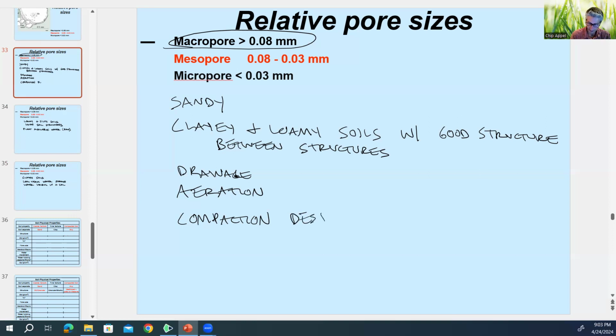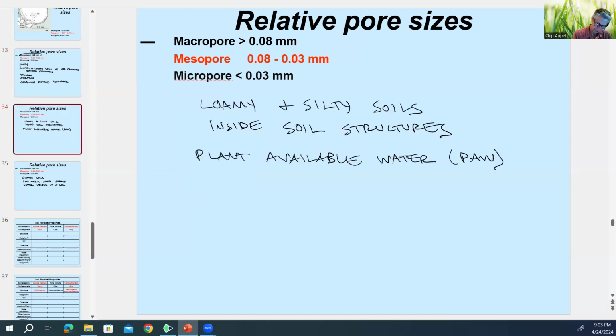Compaction destroys them. Okay. For plant available water, or for the mesopores, right? We're talking about mesopores in this slide right here. Compaction destroys the mesopores.